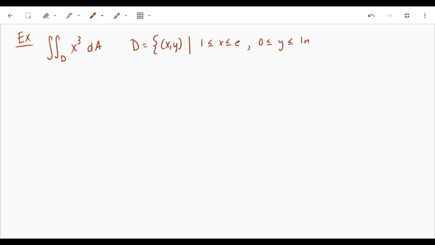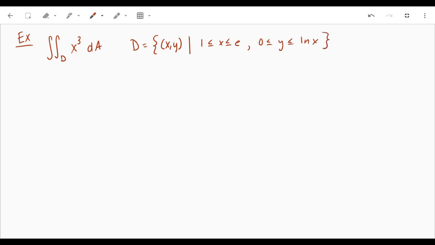So the first one, we have our integral of x cubed in the region. X goes from 1 to e, and y goes between 0 and the natural log function.